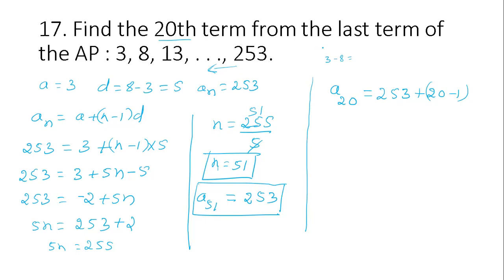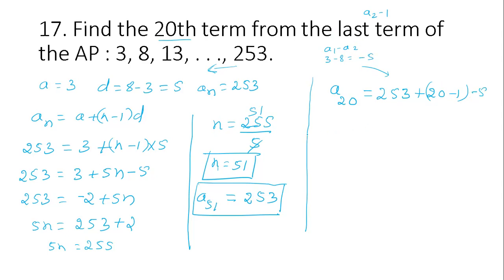From preceding terms, the difference is A2 minus A1. Here, it is A1 minus A2, because they are asking from the last term, therefore it becomes minus 5.